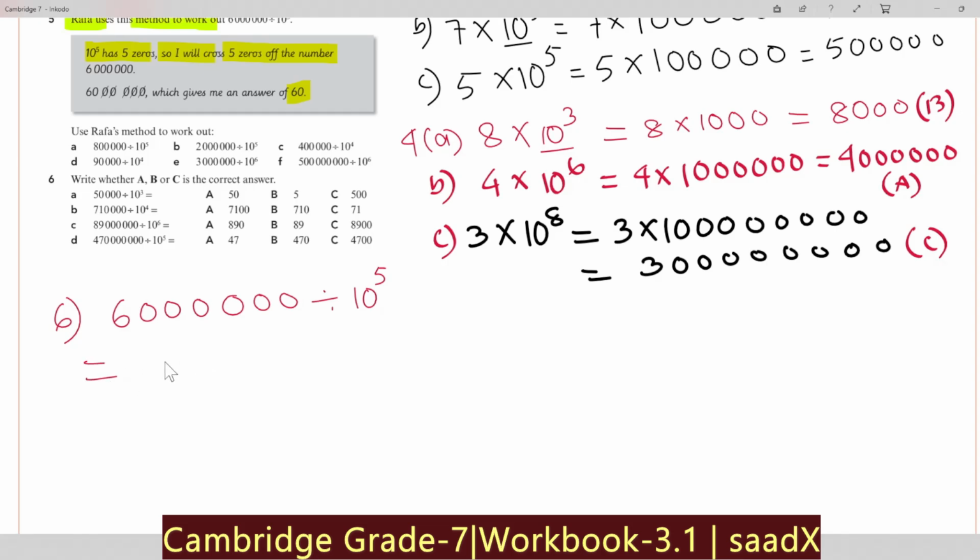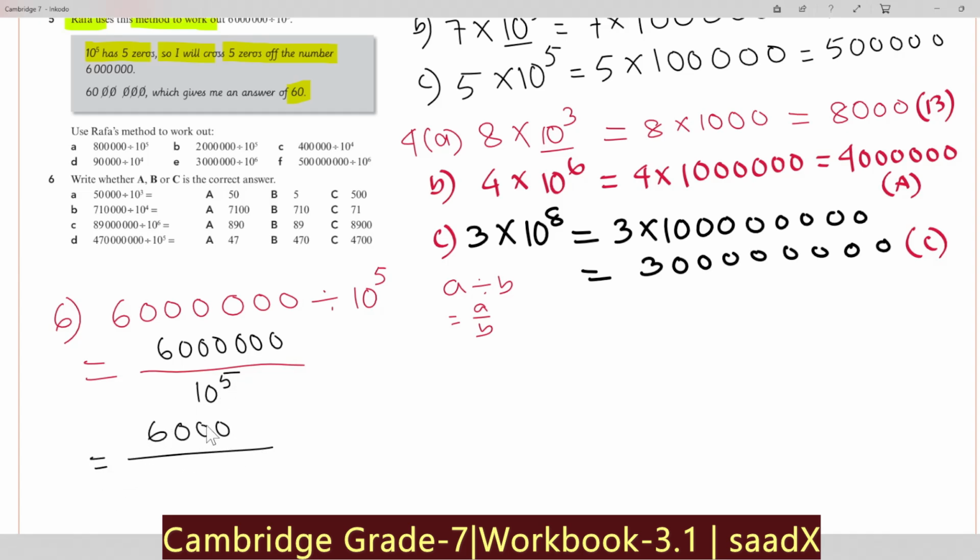Here we write a division sign. We know a divided by b means a over b. It's a simple thing: the first number over 10 to the power 5. 10 to the power 5 has 5 zeros, so we cross out 1, 2, 3, 4 and 5.